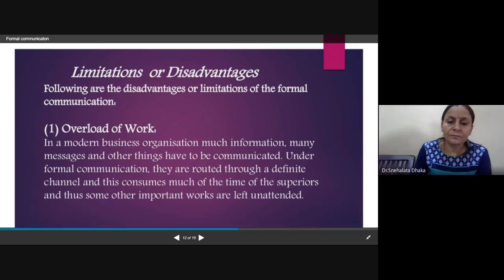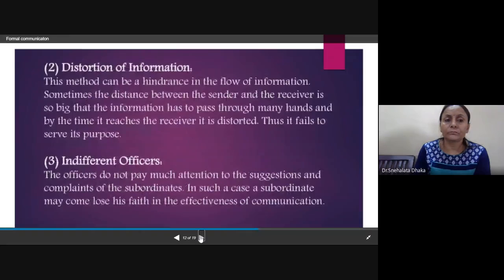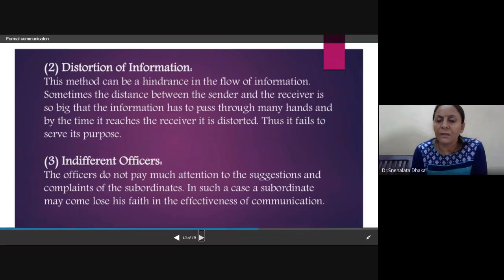Now next one is distortion of information. Okay, so see, sometimes it happens that because of the definite pattern, some of the information is distorted.